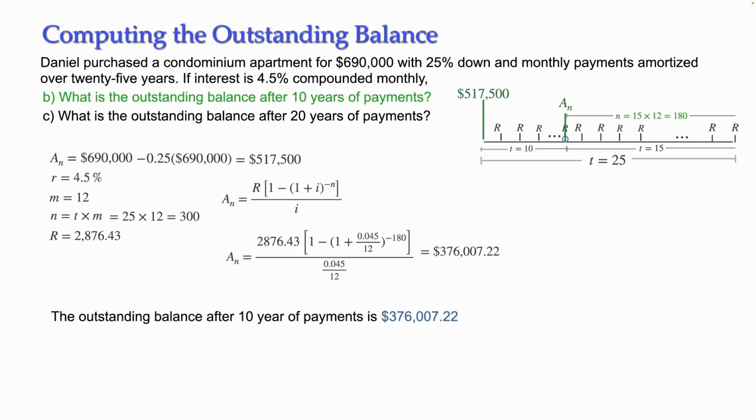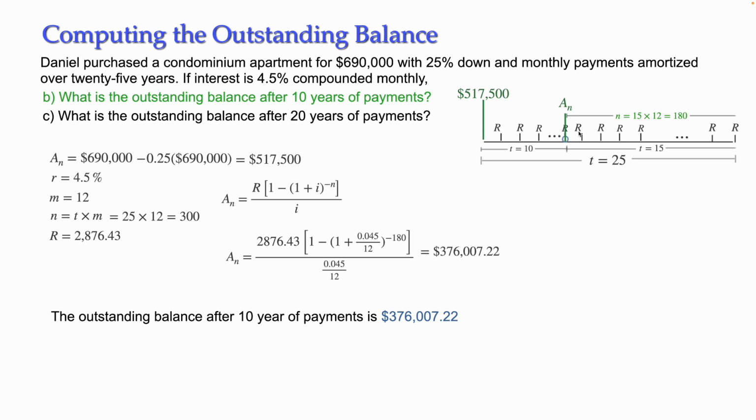So that means that the outstanding balance after 10 years of payments is $376,007.22. Okay, so that will be the way to compute the outstanding balance at any moment. Just see how many payments are missing and then use this number to compute the present value of the annuity at that moment. Obviously, before that you need to know the payment.